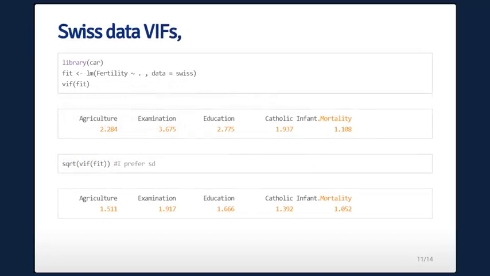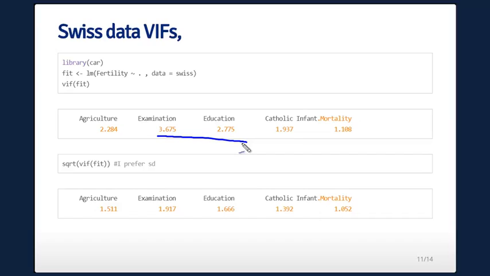You can get the variance inflation factors. You get a variance inflation factor for every coefficient, and it's the comparison of how much variance is increased compared to if all the covariates were orthogonal. You can see that some of them, things like education and examination, are very high, right? Because they're very correlated with each other.